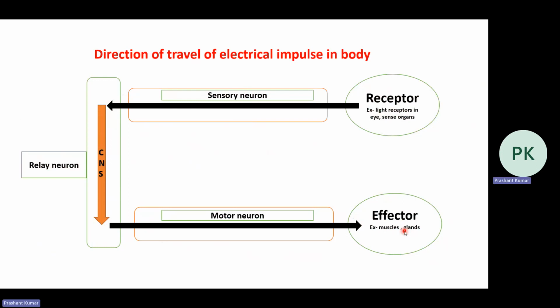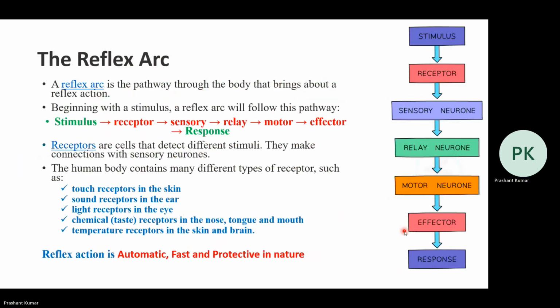And if you wait for one more millisecond, the brain will give one more piece of information, like it's made up of glass, if you leave it, it will break, so you can keep it aside, right? That information is also coming from the brain through the motor neuron. That's why your muscles work and you keep the plate aside. You are not going to lift it, and you are not going to leave it, right? So in this way, the information travels down in the body.